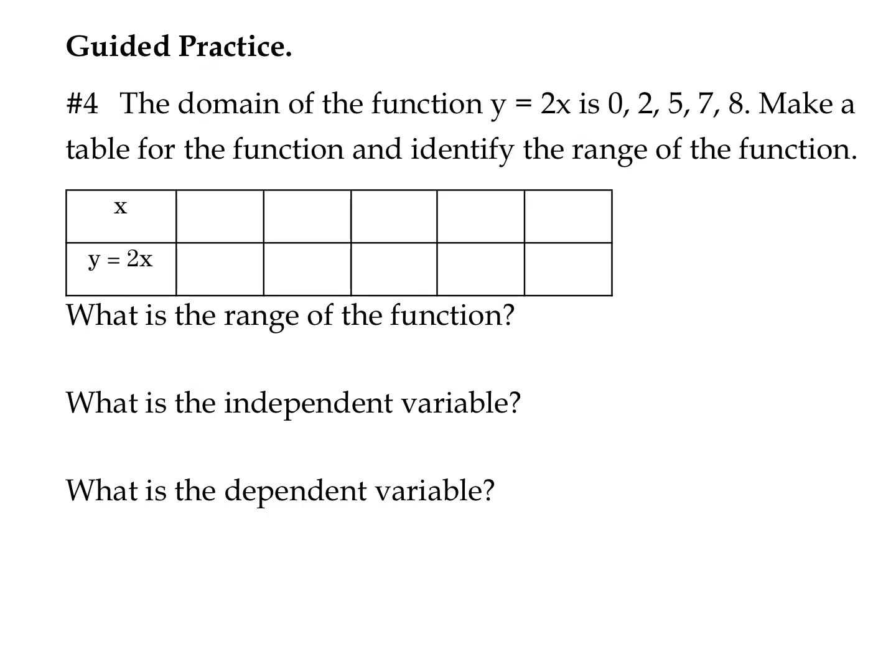All right. In this example, let's identify a few things. We're going to make a table, and then we're going to see if we can determine what the range, independent, and dependent variable are. So we've got this function here, y equals 2x. As I said, functions are often represented as an equation. This is a function, y equals 2x. And we've got 0, 2, 5, 7, and 8. It says that's the domain. The domain is those numbers. So that's all of our inputs.